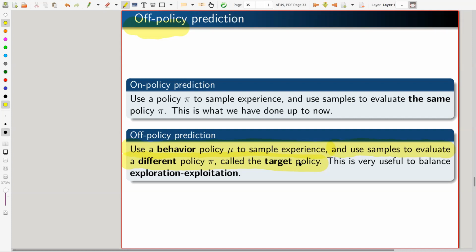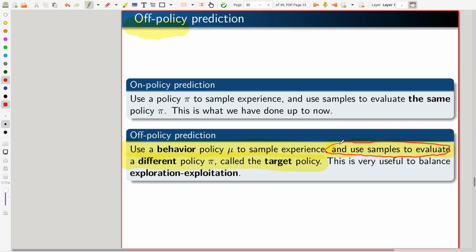In this way, you have no more this tension, because the behavior policy can be an exploratory policy, while the target policy can be a greedy policy, can be a deterministic policy. Okay, if you think a little about this, this is the difficult part.